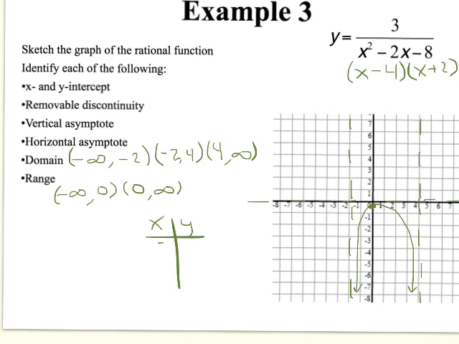I'm going to pick 5, and I'm going to substitute 5 in here. And when I substitute 5, I end up with 5 take away 4 times 5 plus 2, and that simplifies to 3/7. So then I'm going to plot the point 5, 3/7, but 3/7 is about 0.43. So 5 and 0.43.